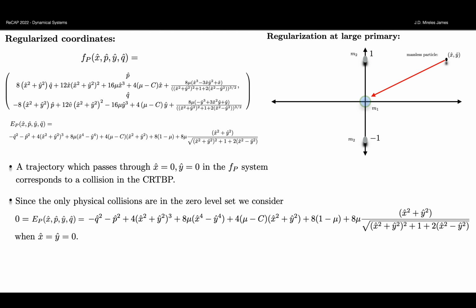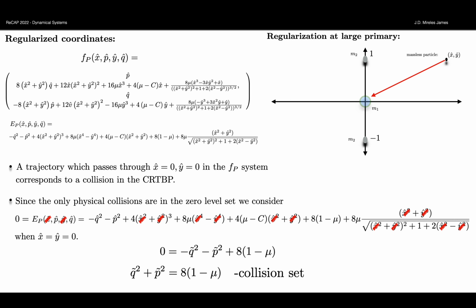Well, then almost all of these terms completely disappear. Okay, and all we're left with is minus q tilde squared minus p tilde squared is equal to a constant, where mu is the mass ratio of the system. So, if I isolate the p and q, what I can see is that the set of collisions is actually a circle.